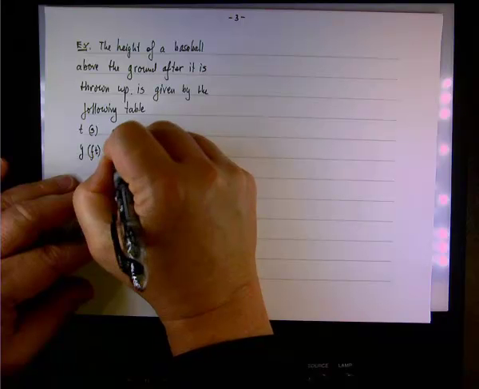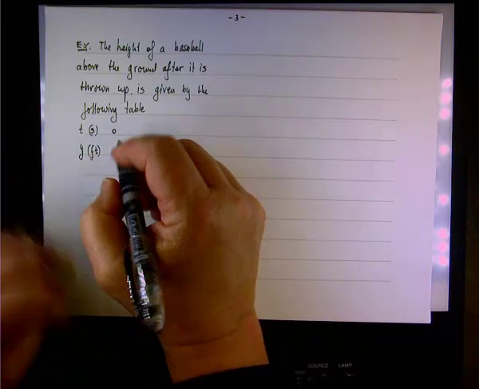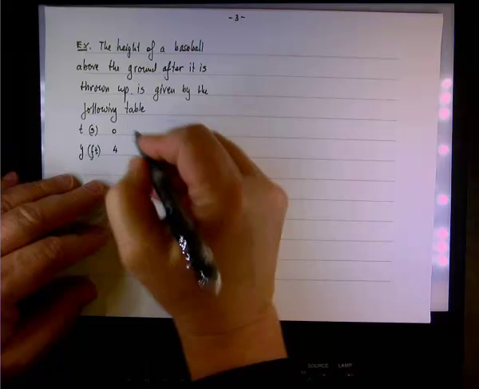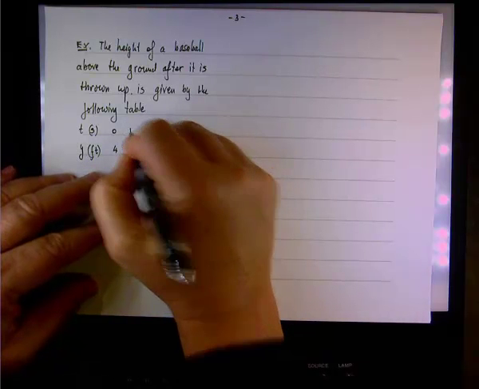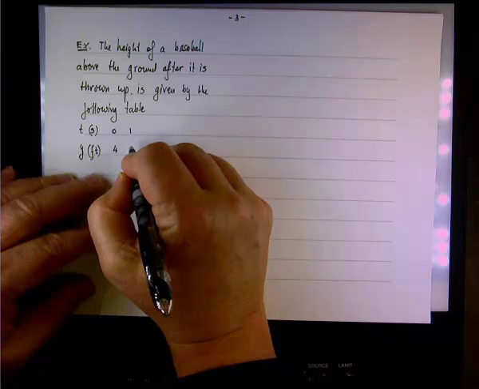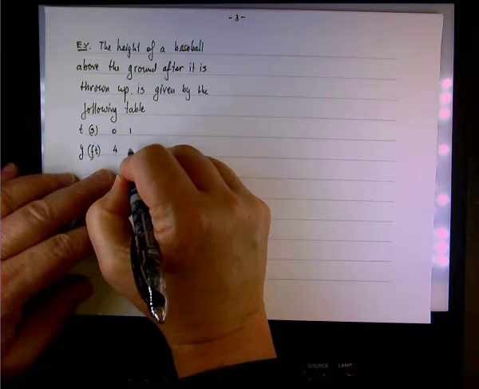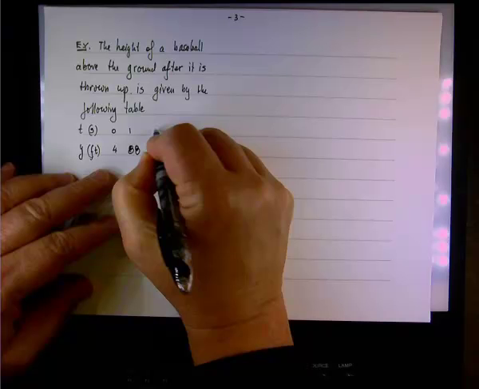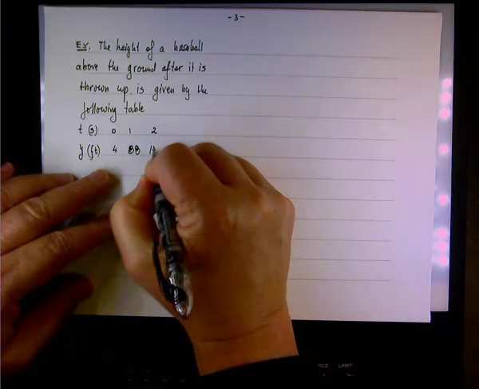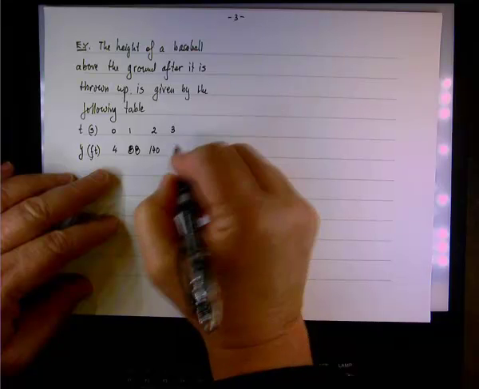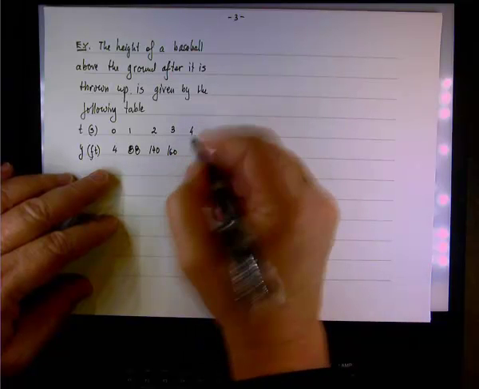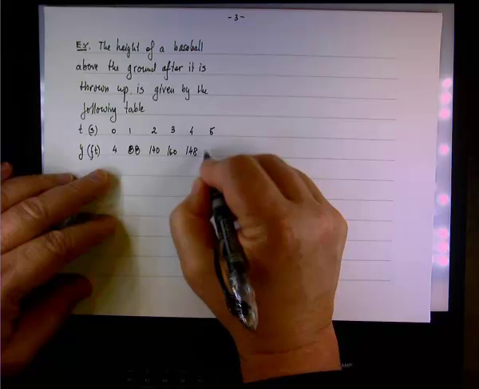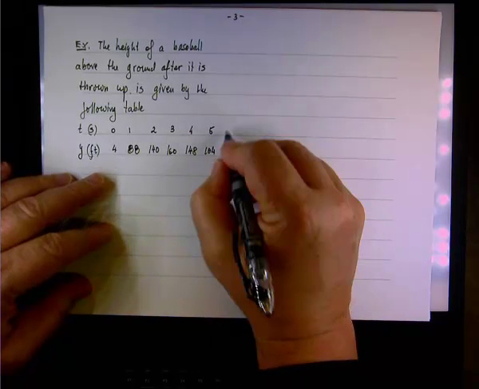And we start at 0, I don't know, we'll go 4, and then 1 will be 88, 2 will be 140, 3 will be 160, 4 will be 148, 5 will be 104, and 6 will be 28.